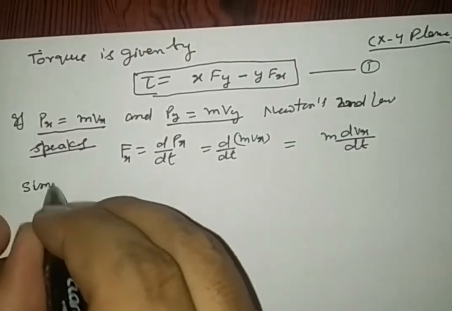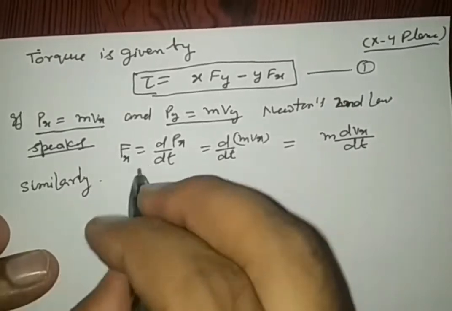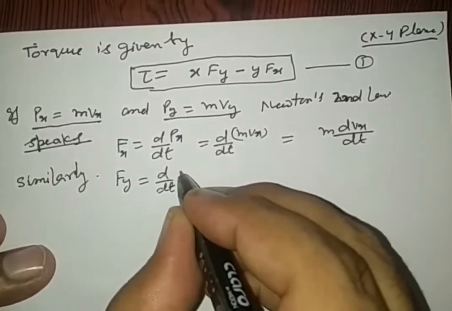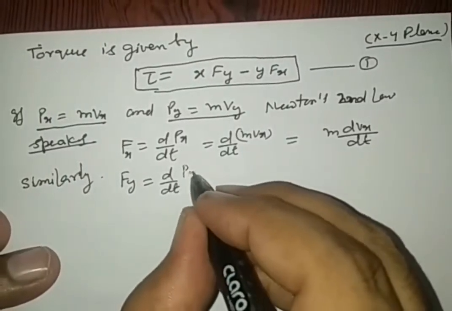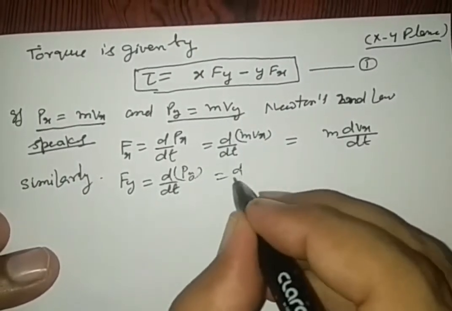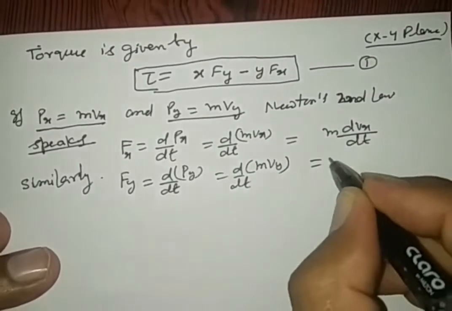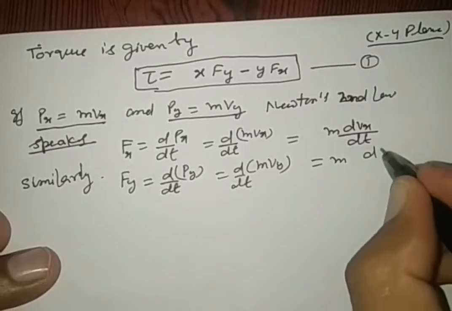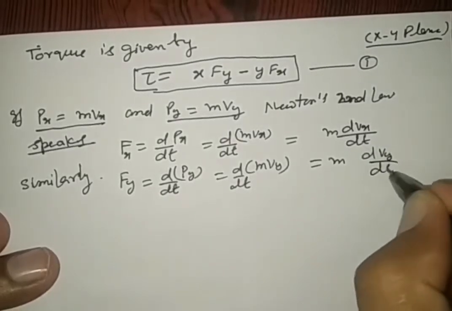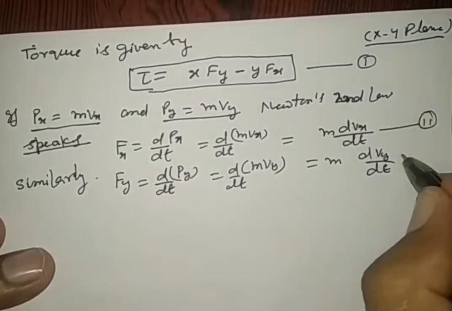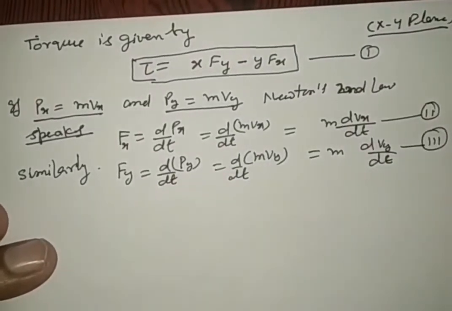Similarly, Fy can be written as d by dt of Py, or d by dt of m vy. We take m out, it is m dvy by dt, right?